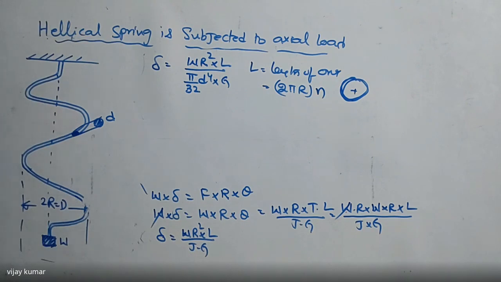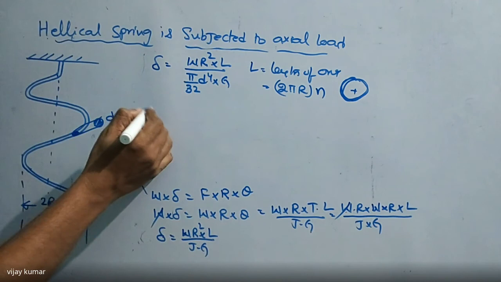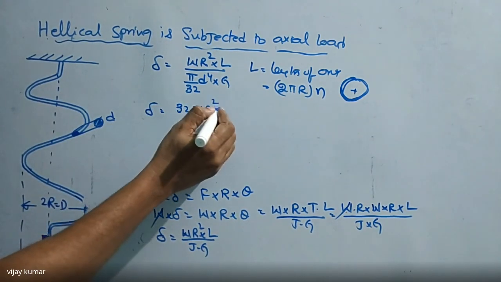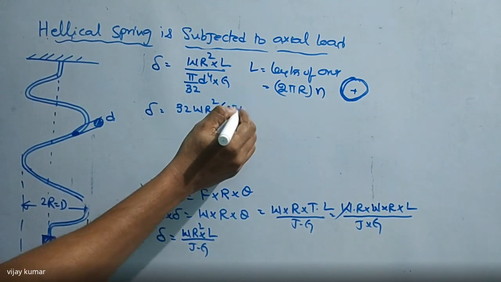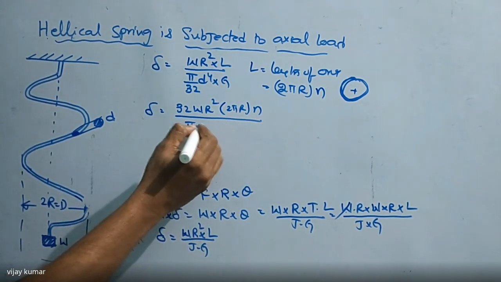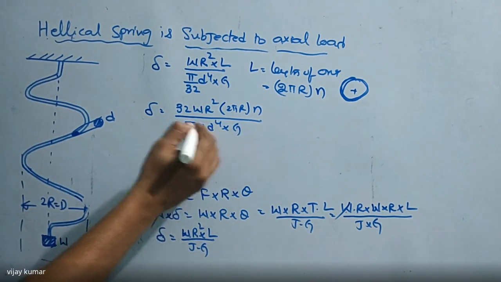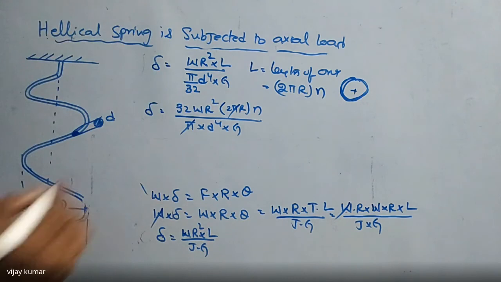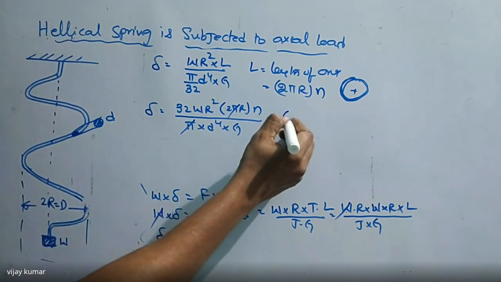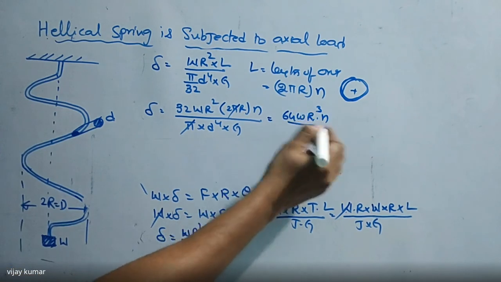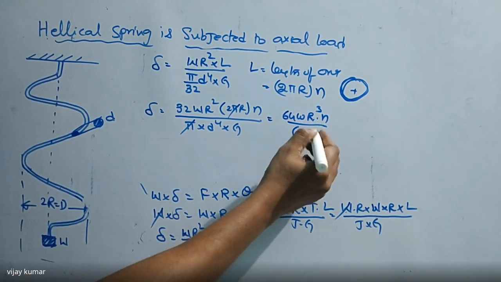Now I'm going to write delta is equal to 32 times W into R square into 2 pi R into N divided by pi into d power 4 into G. Pi cancels out. 32 twos are 64. So I'm writing 64 times W into R power 3 into N divided by G into d power 4.